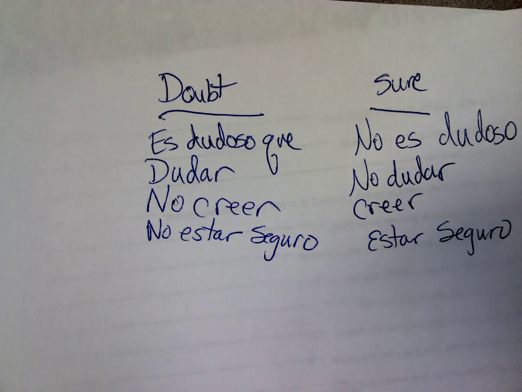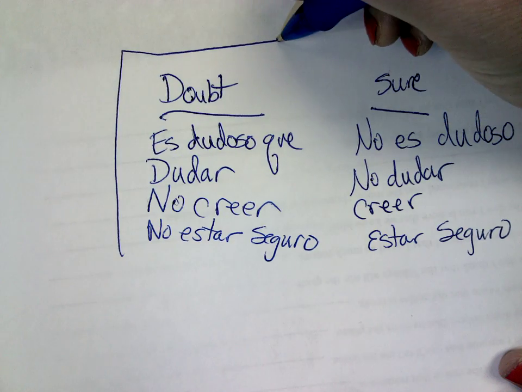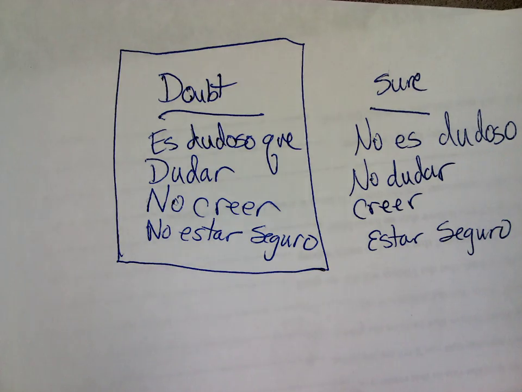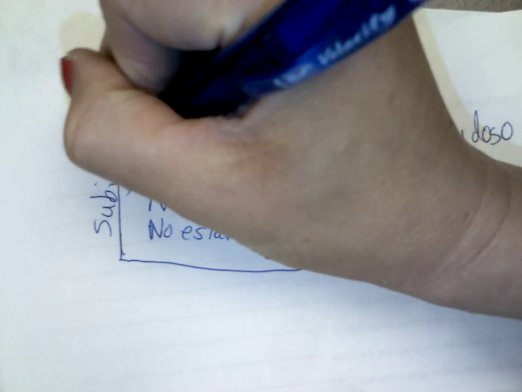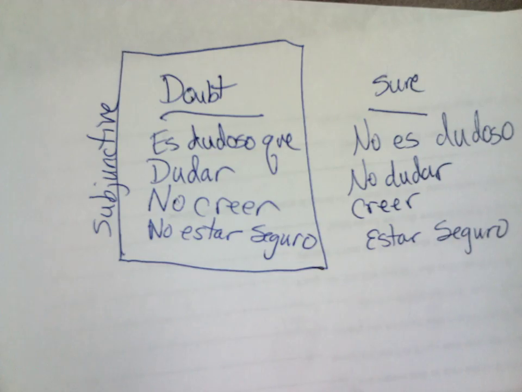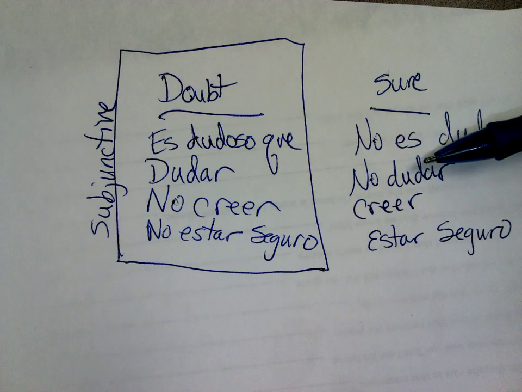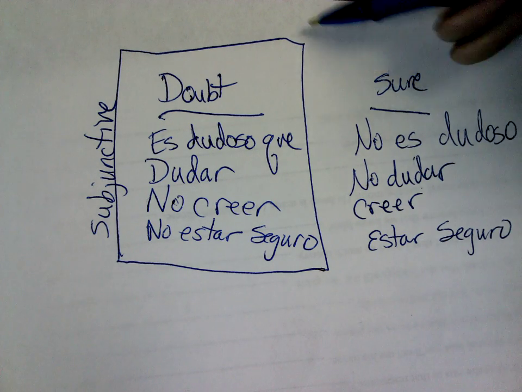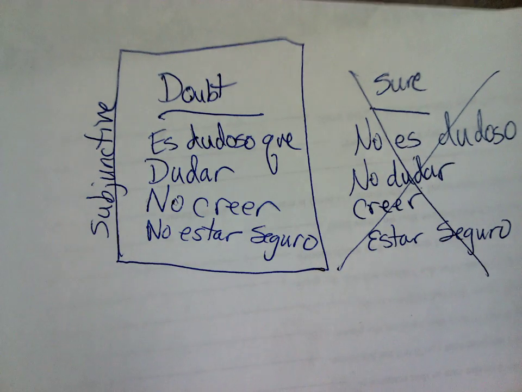Now, friends, the deal is when there is a doubt, that automatically signifies an unknown outcome. So we are going to need what? Of course, subjunctive. When we are sure of something, we do not need subjunctive. You will not require subjunctive.